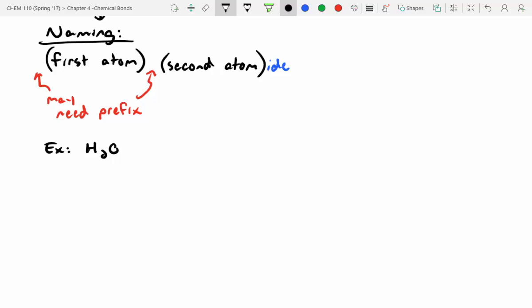However, in this case, we don't have only one. This would be dihydrogen monoxide. So it's important that you have both the prefixes and then that IDE suffix. Does that make sense? Okay.